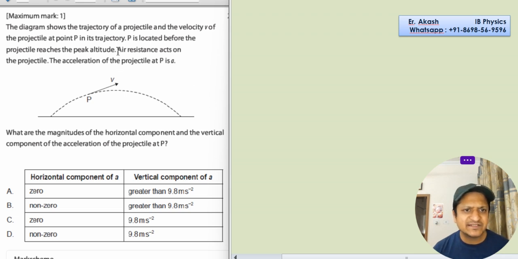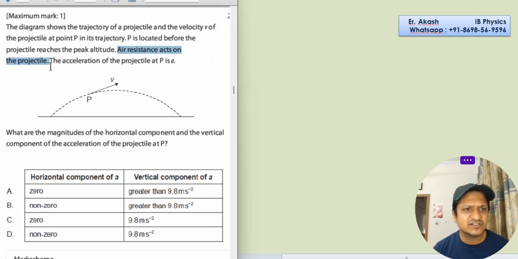So the basic difference in this question is the air resistance, so we have to calculate according to the air resistance. What's happening in this question is there is a body and it moves to point P. So here's the body.